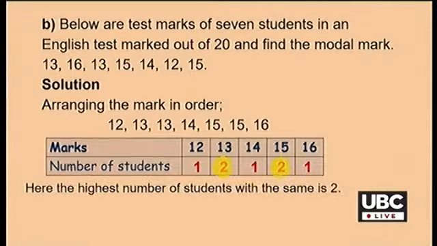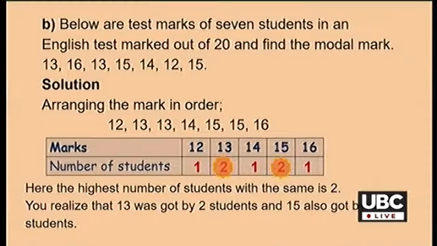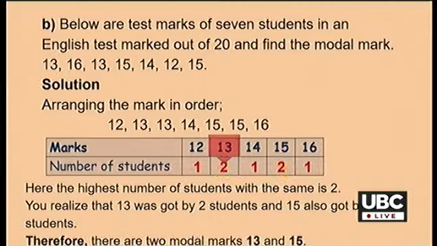We have the highest number of students with the same mark. We have 2. So in this case, our mode mark is not 1. In this case, our mode marks are going to be 13 and 15 because they have the highest number of students with the same marks.